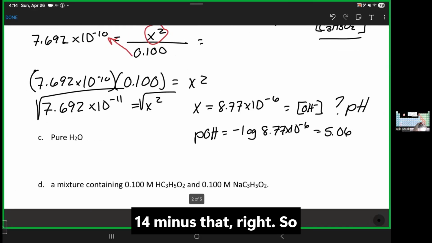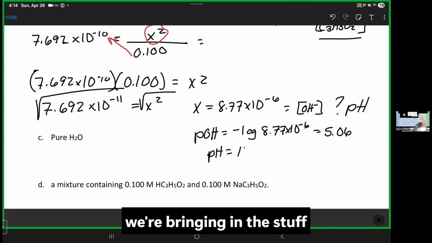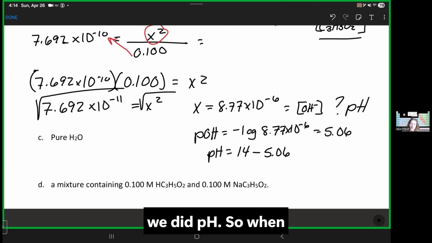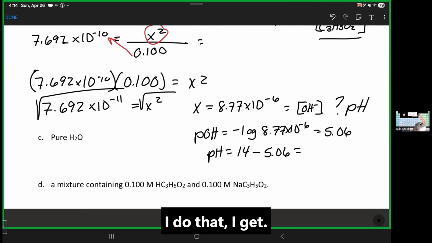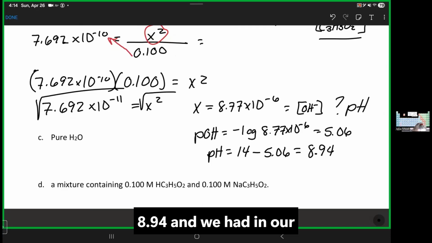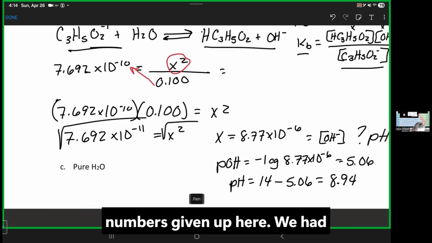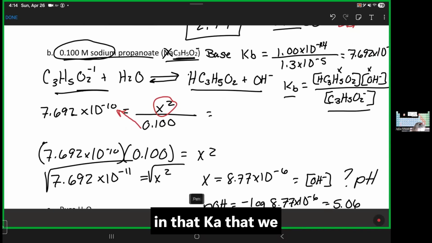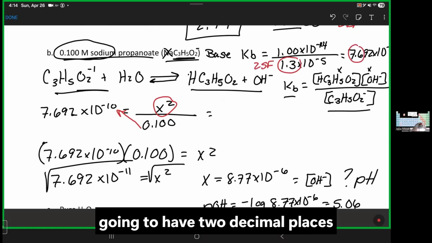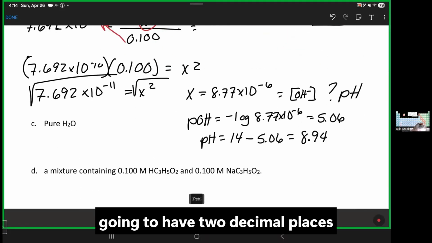And so my pH equals 14 minus that, right? So we're bringing in the stuff that we talked about when we did pHs. When I do that, I get 8.94. In our numbers given up here, the Ka that we used to get our Kb was 2 sig figs, so we're going to have 2 decimal places in our pH.